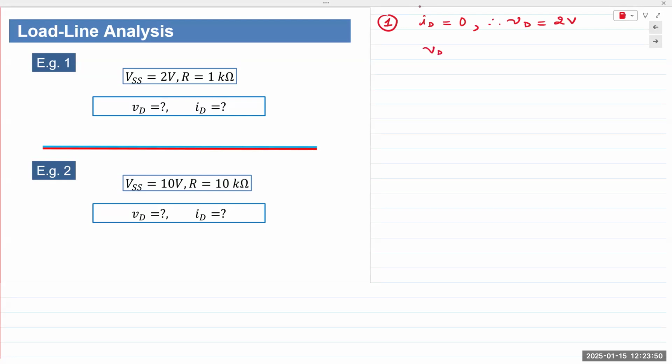And if VD is equal to 0, then ID is 2 divided by 1000, 0.002 amps or 2 milliamps. Those will be the 2 points on the load line.